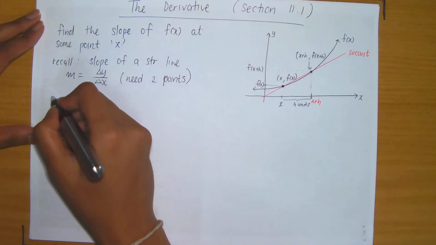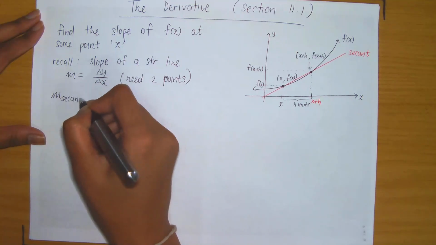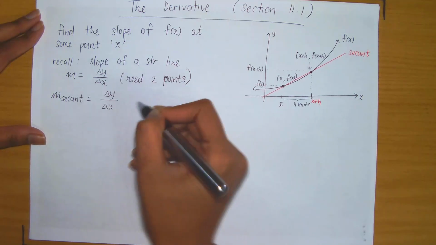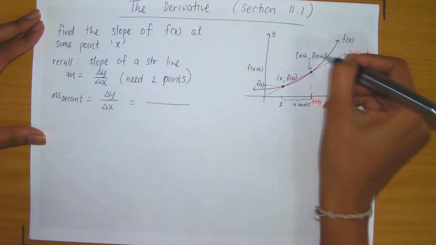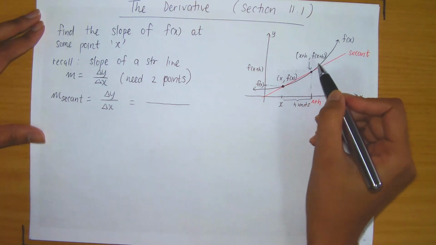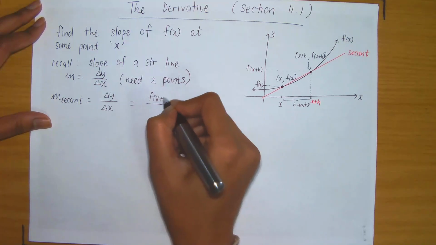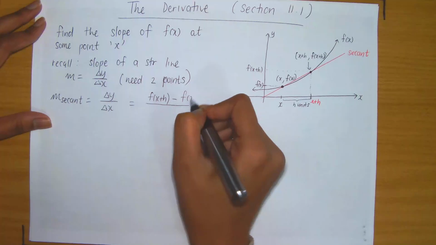So the gradient of the secant line using that formula is going to equal the change in y over the change in x. So what is happening at y? The y coordinate from the second pair is f of x plus h, and then I need to subtract the y coordinate from the first pair, so I'm subtracting f of x.